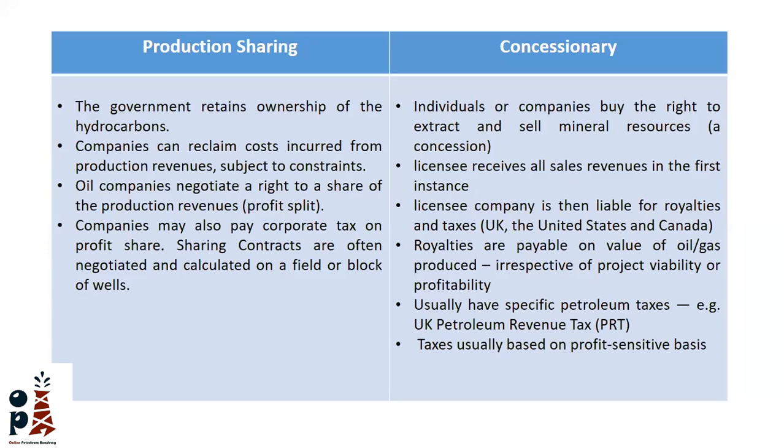Then the company also pays taxes to the government. Royalty is on a non-profit sensitive basis. It's paid whether the company is making profit or not. And then we have some specific petroleum taxes, like UK Petroleum Revenue Tax. And finally, we pay taxes based on a profit sensitive basis.